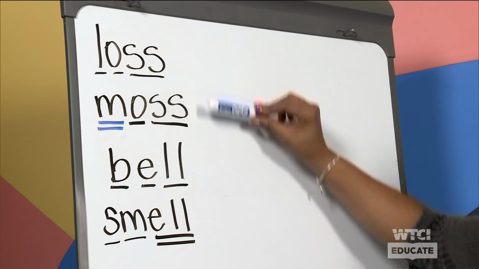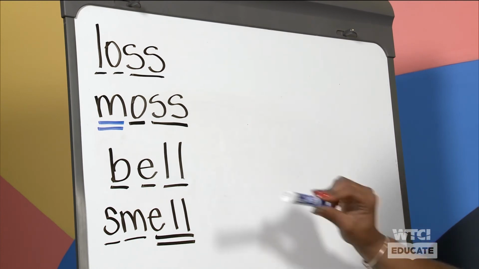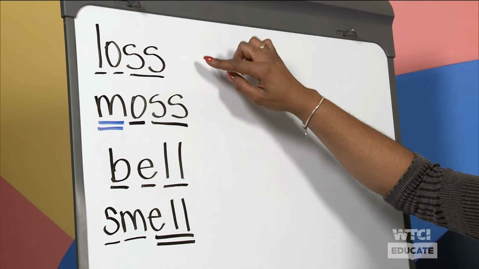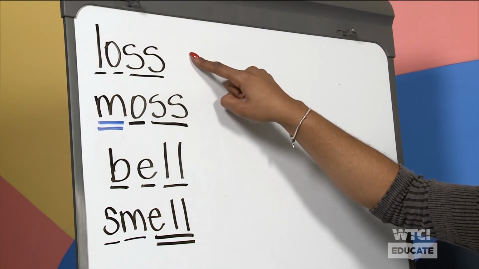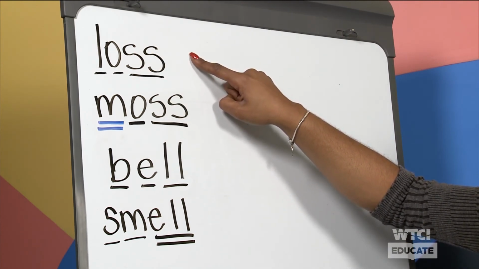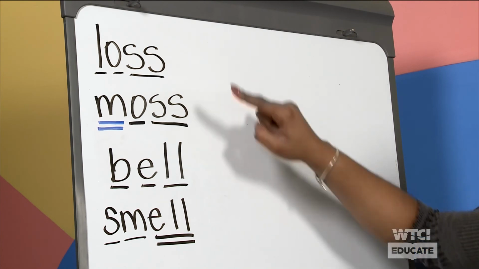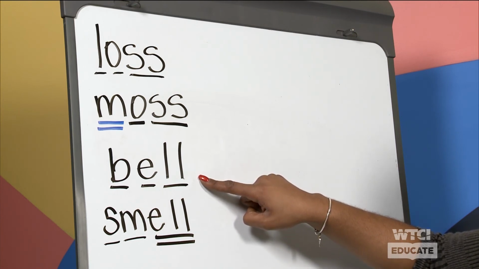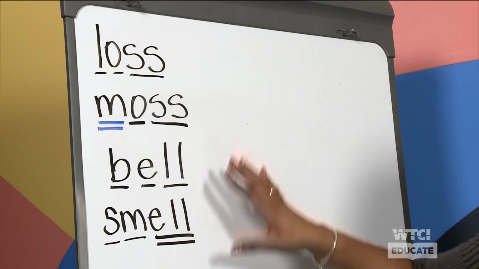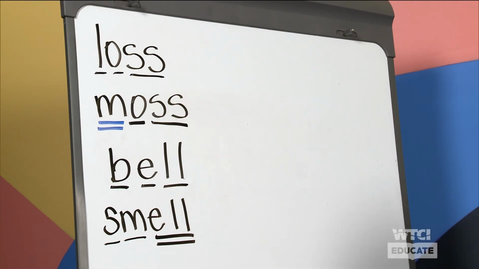So as you look at these words today, you should notice that we are looking at the double letter S, which makes the S sound, and the double letter L, that makes the L sound. Okay? Awesome work. You can keep these words on your board.